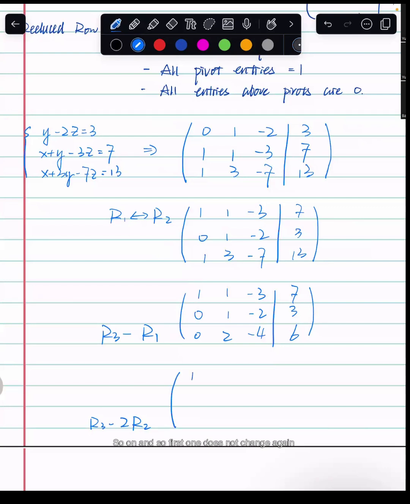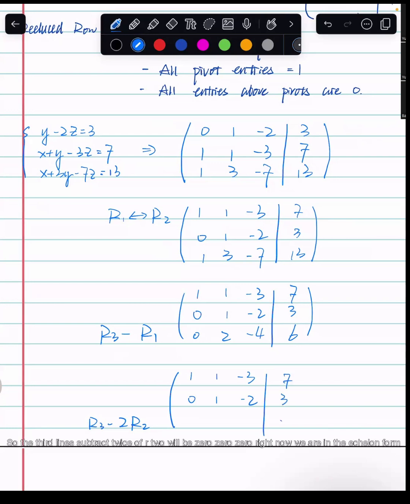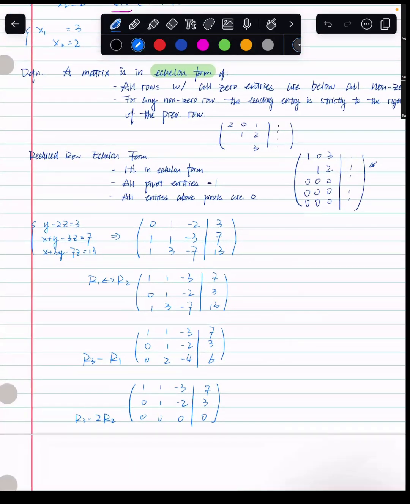The first line does not change again. The third line, subtract twice of R2, will be 0, 0, 0. All right, now we're in the echelon form.